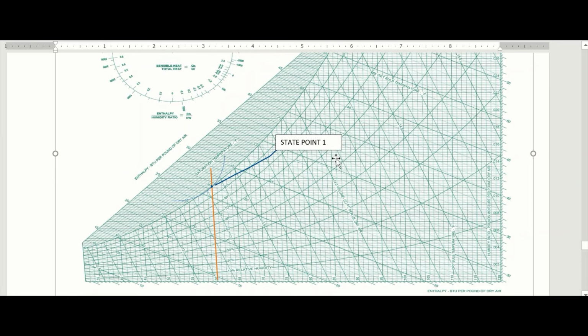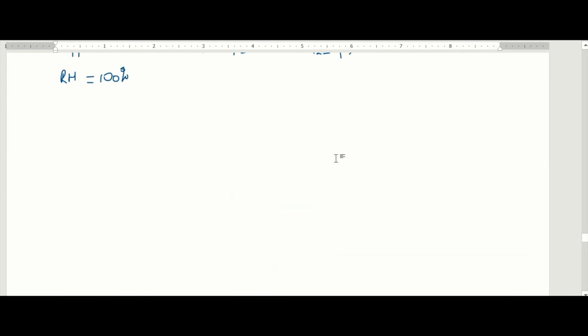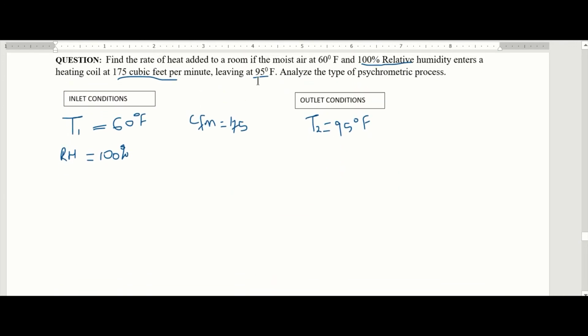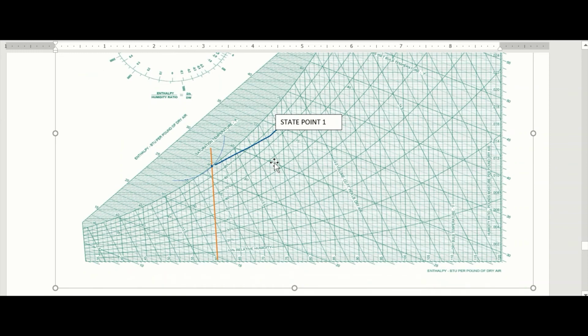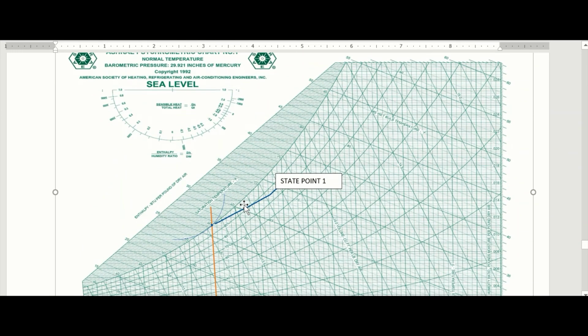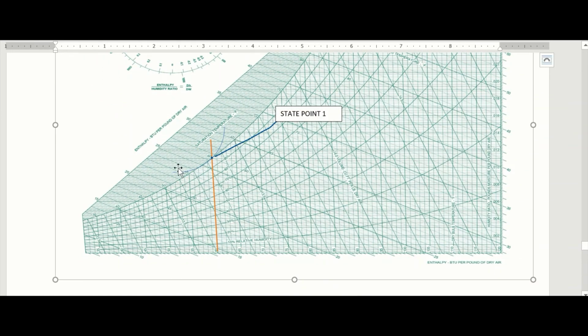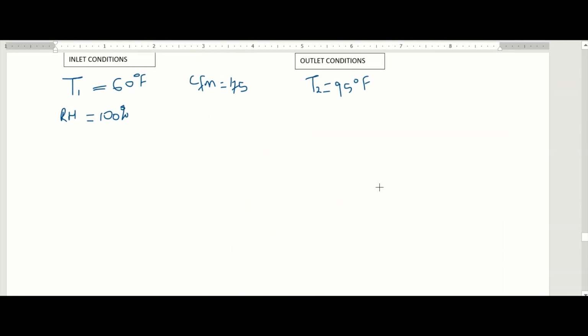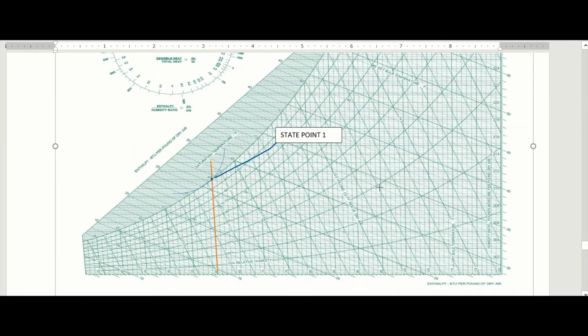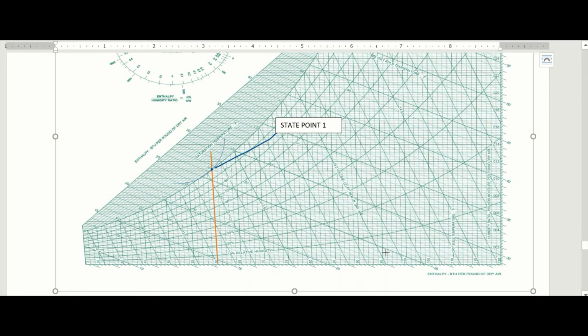All right, now back to the question. It says it leaves at 95 degrees Fahrenheit, which is my dry bulb temperature 2. So that means that at the same humidity, because as you can see it is saturated, it leaves. So I'll take my pencil at 95, that is my exit point, which is 95 right here.